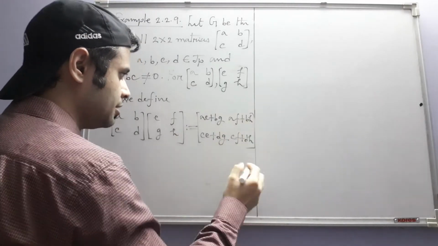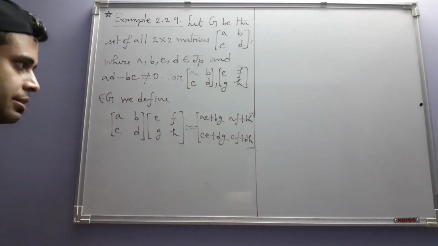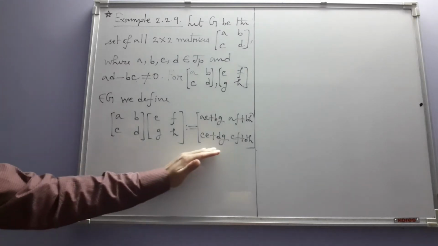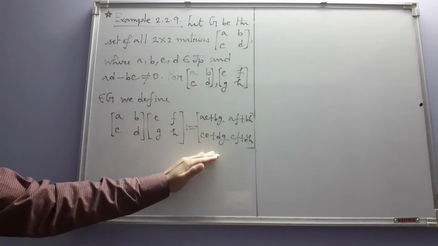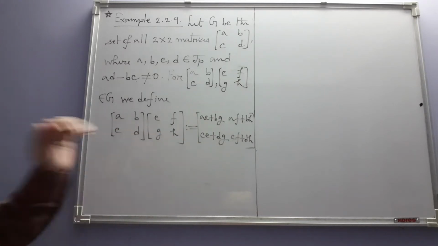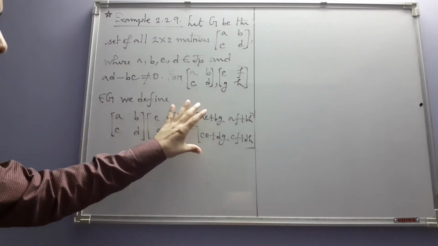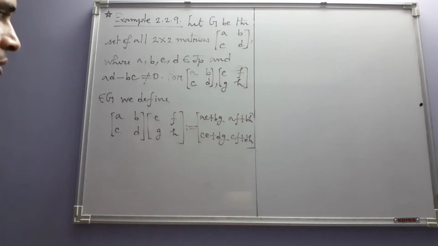So that's how we define multiplication, which you can see is exactly like how we multiply real matrices. There is no difference between that one and this one as far as the multiplication structure goes.